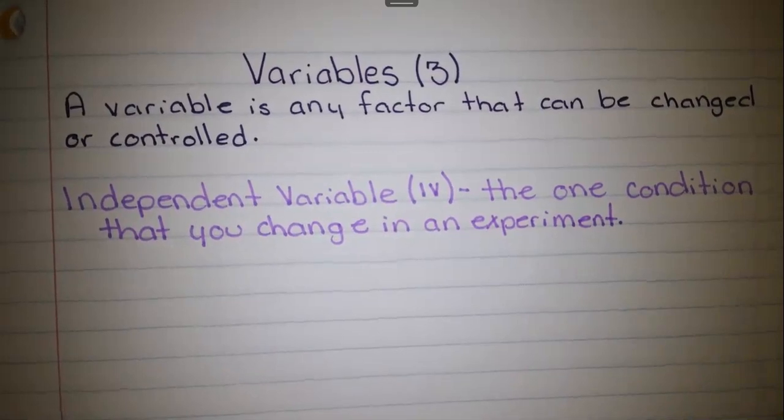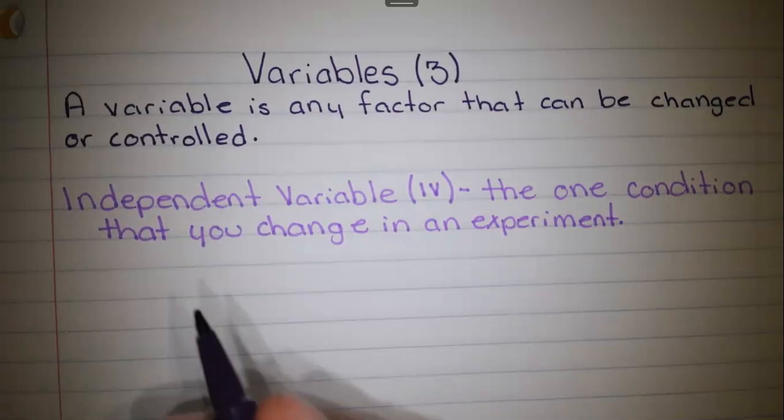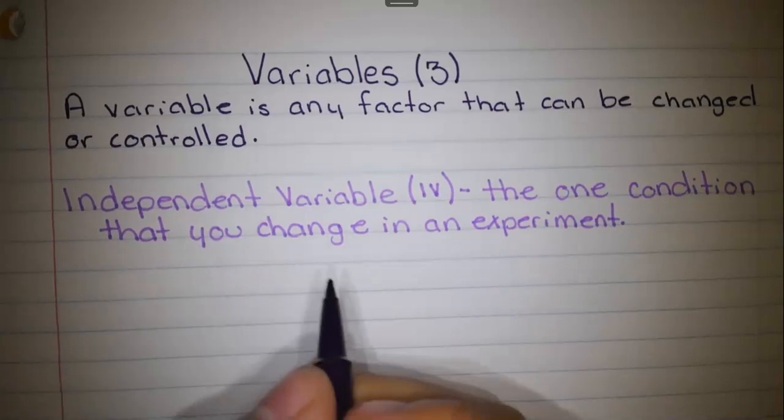Okay, the one condition you change in the experiment. So an example would be, if I was taking the temperature and seeing how something would dissolve based on temperature, the thing that I'm changing would be the temperature.